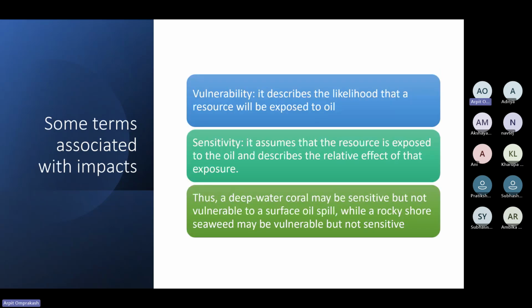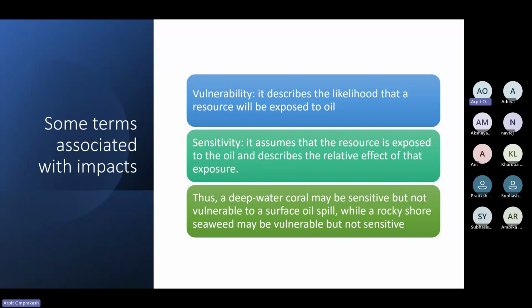Next we'll discuss some terms that are generally associated with the impacts of large disturbances like oil spills. The first thing is vulnerability. Vulnerability describes the likelihood that a resource will be exposed to oil. So what is the probability that something will get exposed to oil?